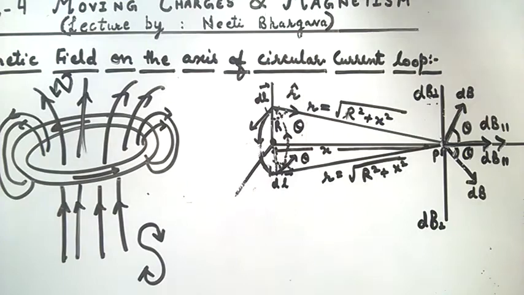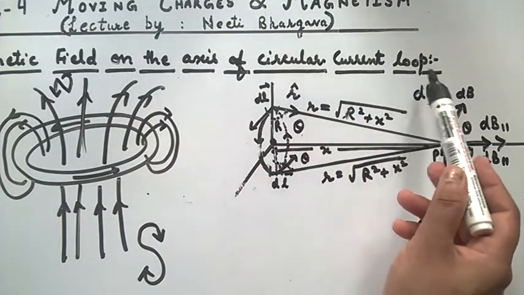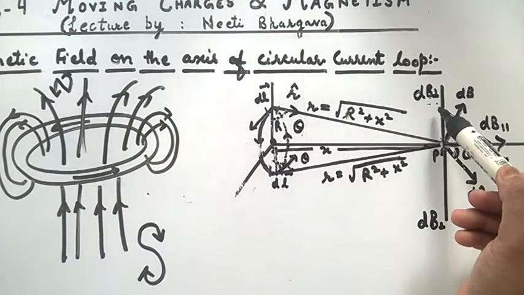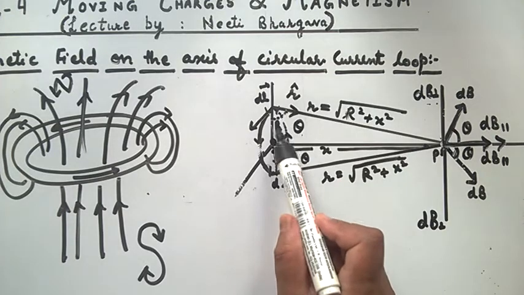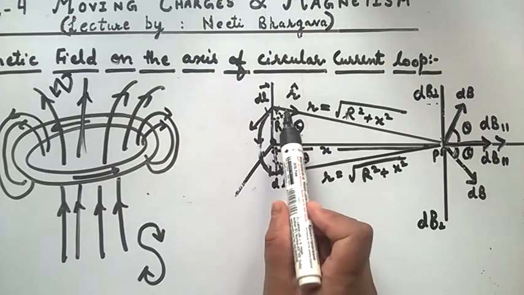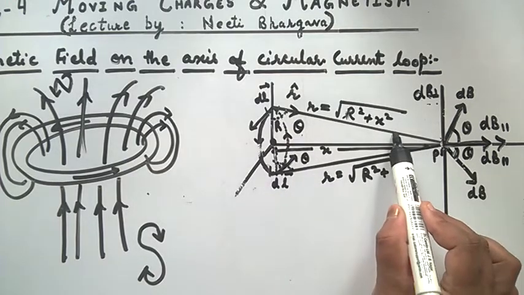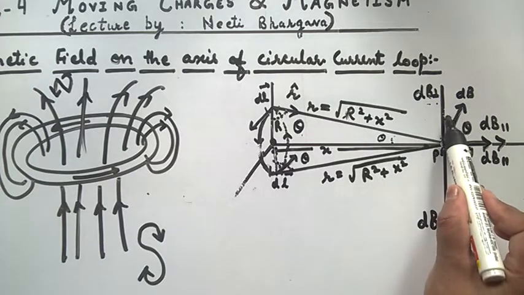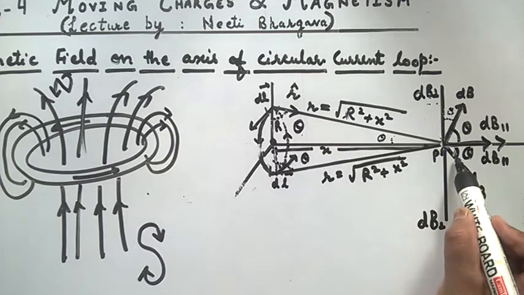So this is all about magnetic field on the axis of circular current loop. Here we have taken dB perpendicular equal to dB sine theta. This depends on the angle which we are taking or making with the line segments. If we will consider this as the angle theta, then here its equivalent angle will be this, and the value will be changed.